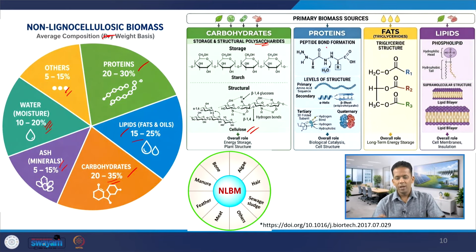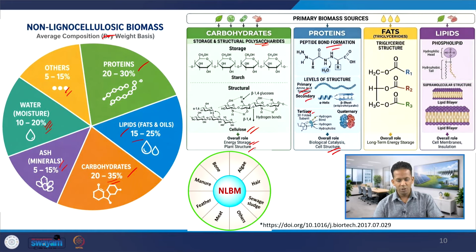Proteins have peptide bonds and are composed mainly of amino acids. They will have primary, secondary, and tertiary arrangements of different amino acid molecules, and their role is mainly biological catalysis and cell structure.